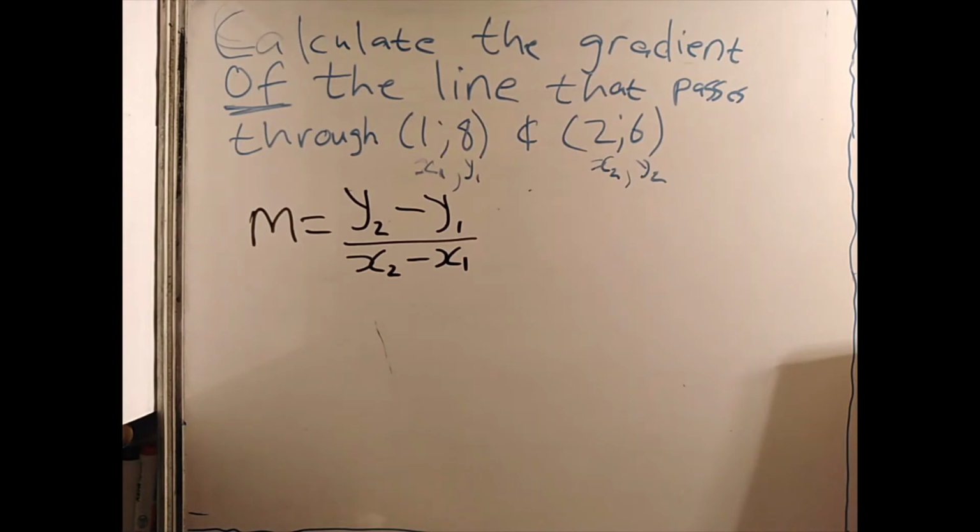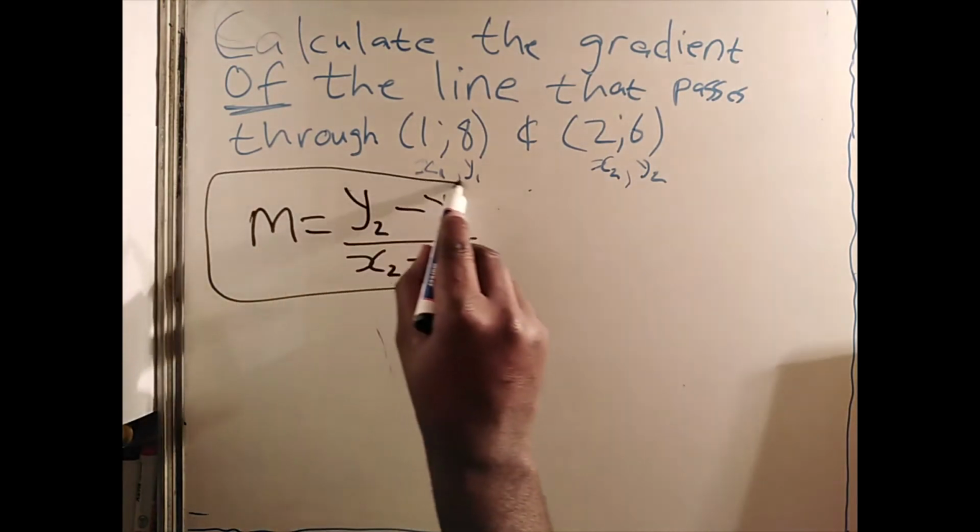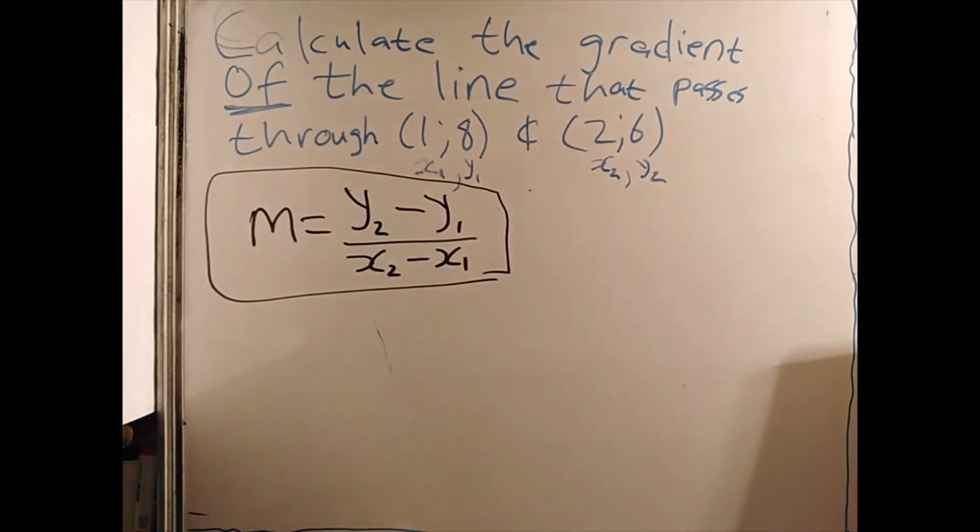Ladies and gentlemen, this is the formula that you use to calculate the gradient of a line. You just identify 2 points, find the x and y of each point, and then put them in this formula.